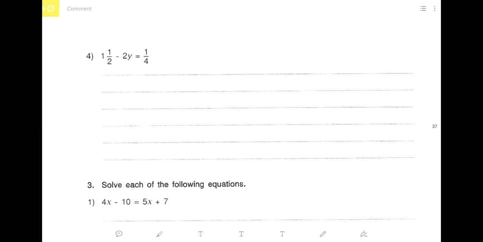Aha, this one, 1.5. I think that I want to change it to improper fractions. So we're gonna do 2 times 1 plus 1. That is 3 over 2, right? And then minus 2y, and it's 1 over 4, right? So next step, I'm gonna use this technique. I think I taught you before.